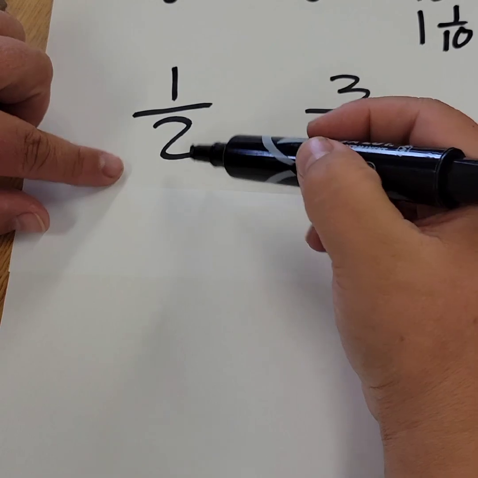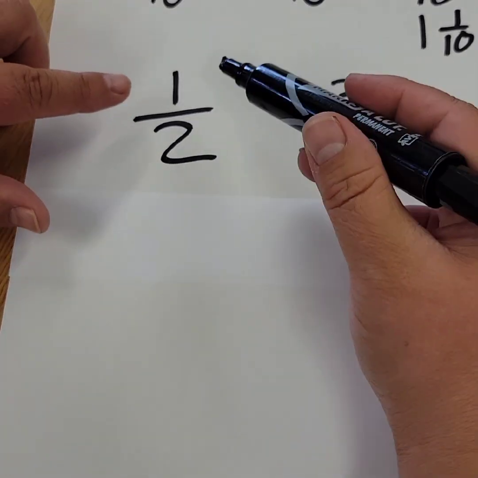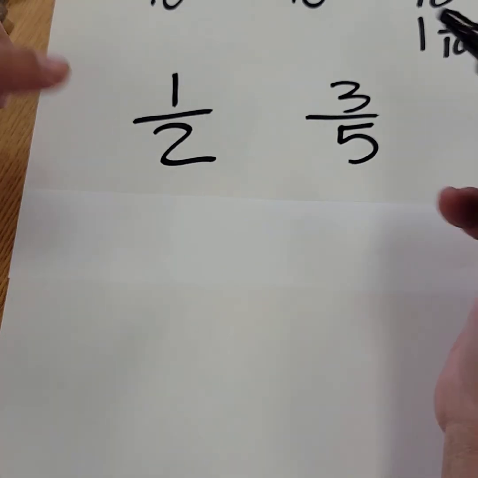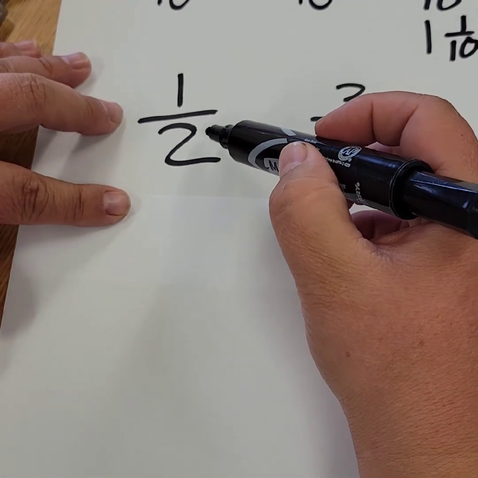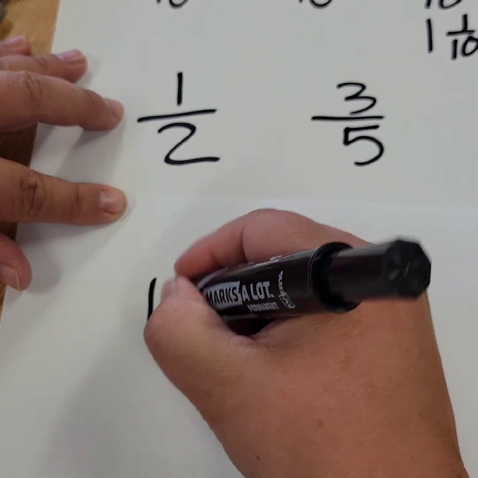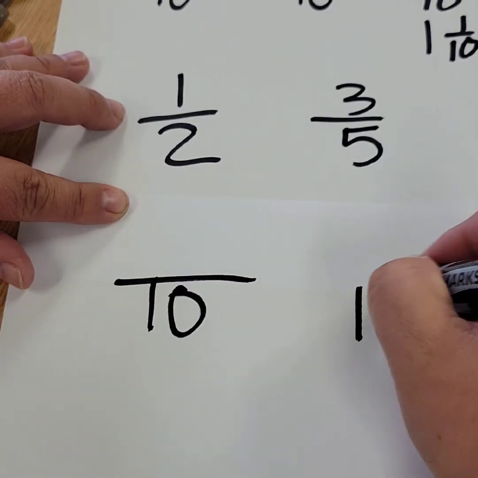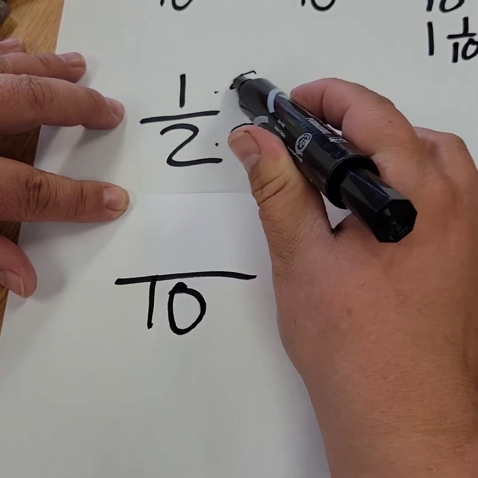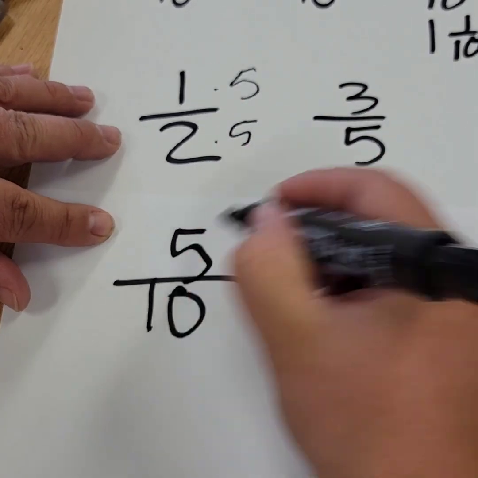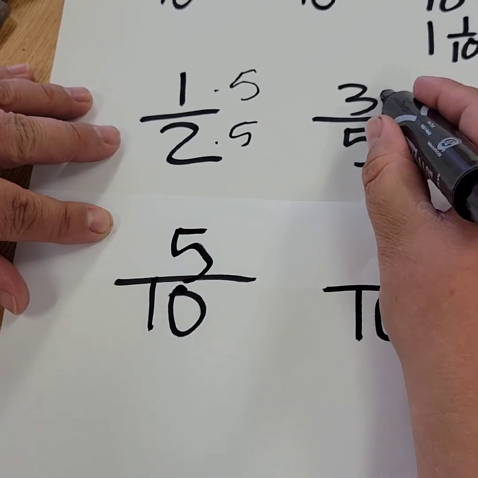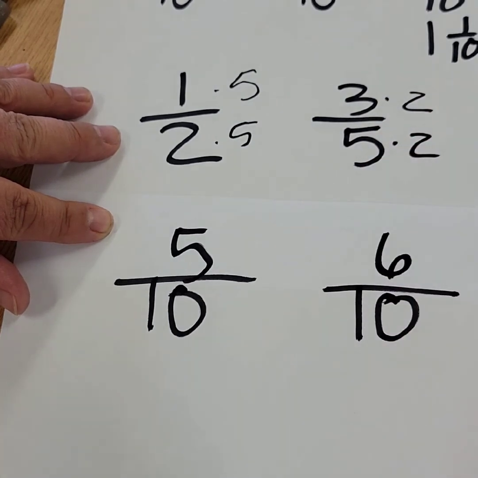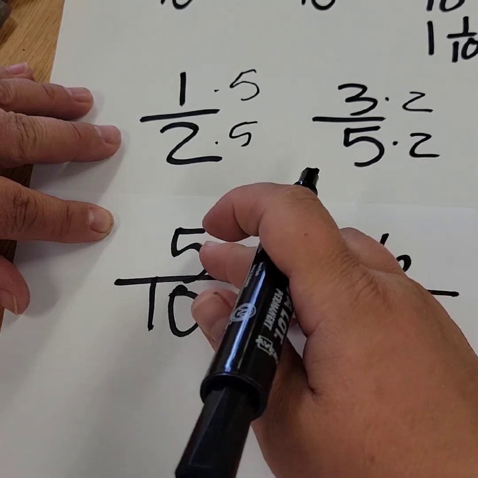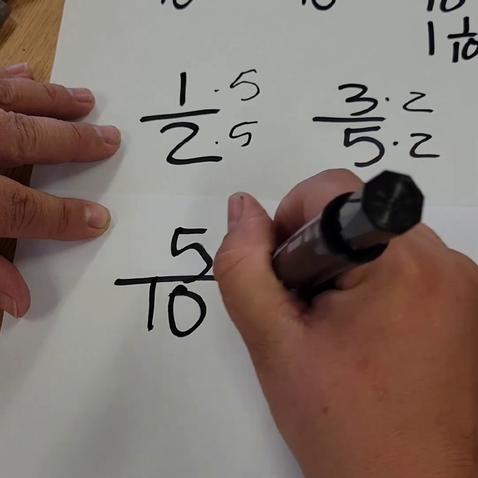It's a good idea to either make them common denominators, or you can make them decimals. But this one we could do with common denominators. So we could make them 10. So that's by 5 and 5, so 5/10, and this one by 2 and this by 2. So 6/10 is going to be bigger than 5/10, okay?